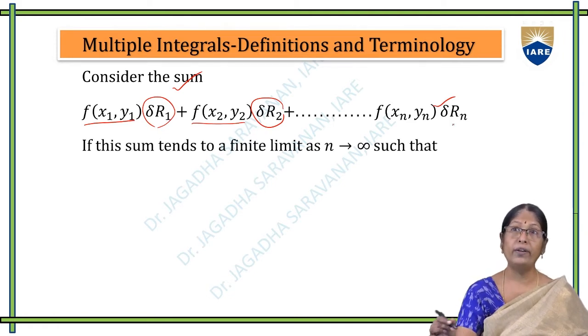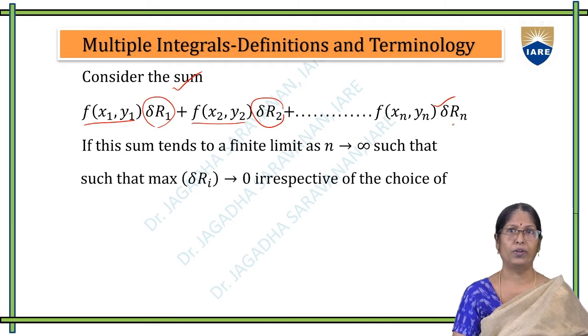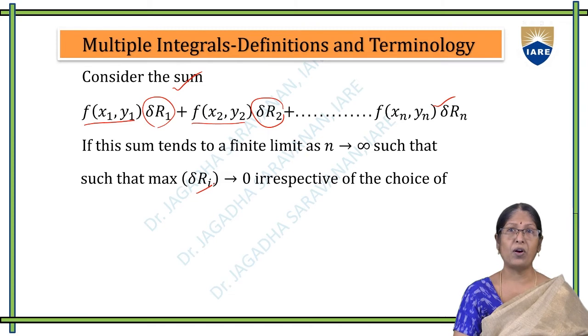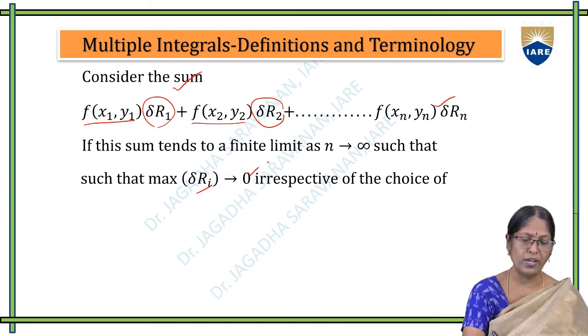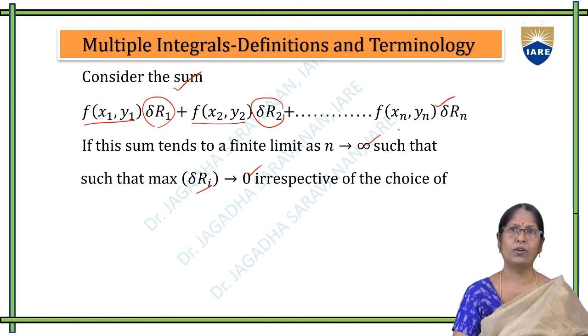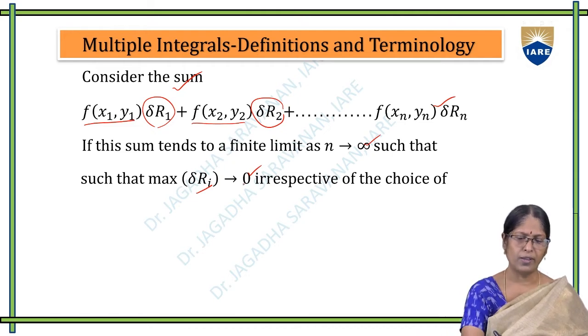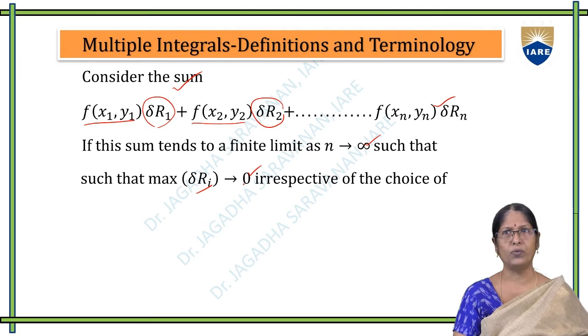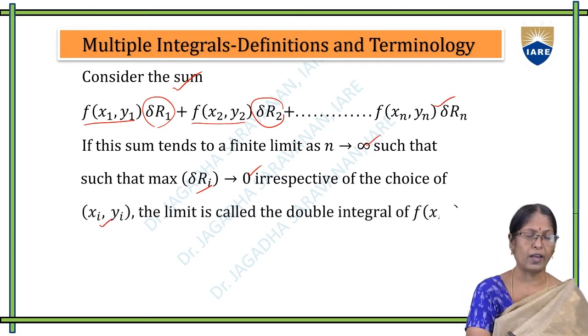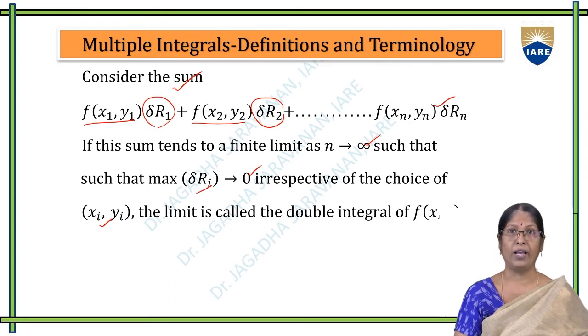As n tends to infinity, the area of Ri also tends to 0. If it goes on, at one point this area will become 0, irrespective of the choice of xi or yi.